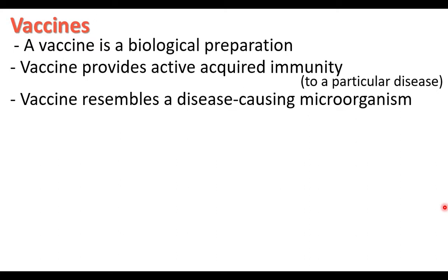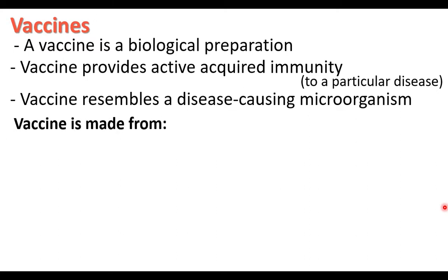Actually, a disease-causing microorganism stimulates immune response. What is immune response? Antibody production is an immune response. Activation of cell-mediated immunity is an immune response. The vaccine also promotes immune response like a disease-causing microorganism.